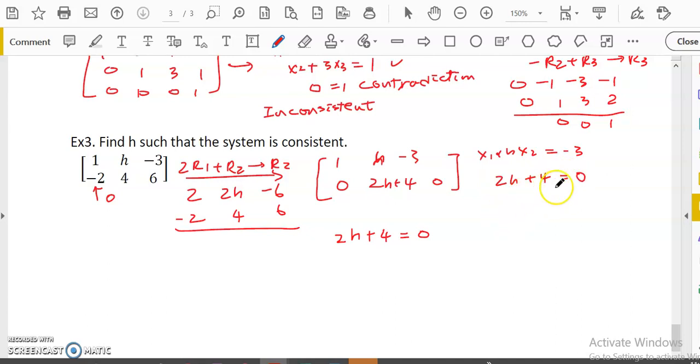Okay, so when is 2h plus 4 equal to 0? It is not a contradiction if you can actually solve it, right? So how can you solve it? If 2h plus 4 is actually 0, then that's consistent, right?